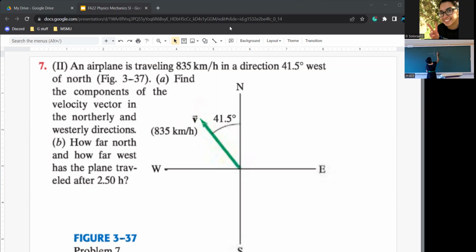The mnemonic that I have for the direction of the vector is a silly one, and then you do that clockwise. This is just a problem you guys need to see, so I have it drawn out.